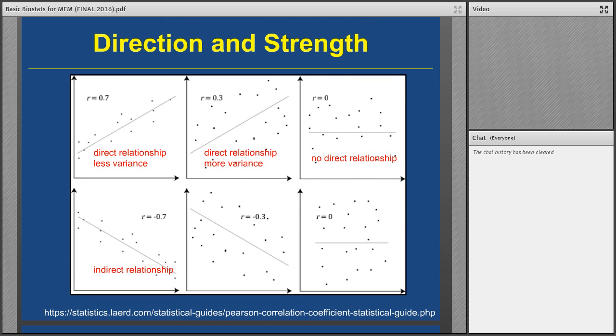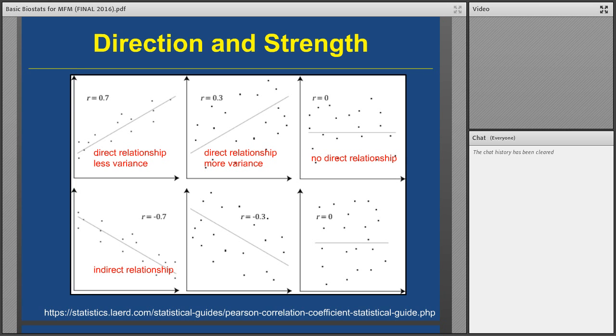So here's a graphical representation of what this means. In the upper left, we have an R of 0.7. There's a direct positive relationship, and there's a pretty tight variance, or less variance than what we have in the middle, where R equals 0.3. We have a direct relationship going left to right, and we have more variance.